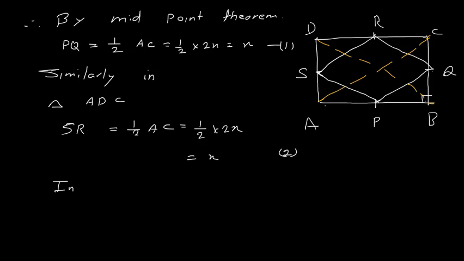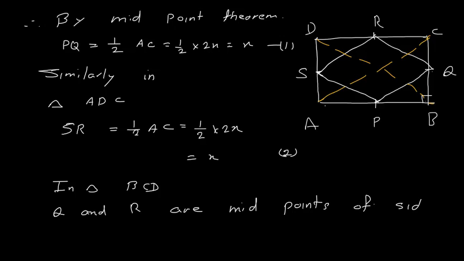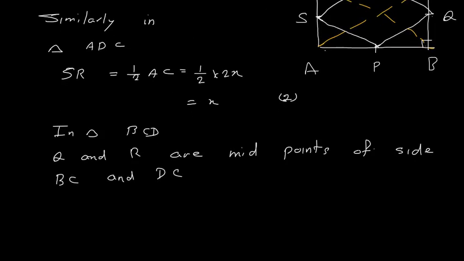In triangle BCD, Q and R are the midpoints of sides BC and DC.